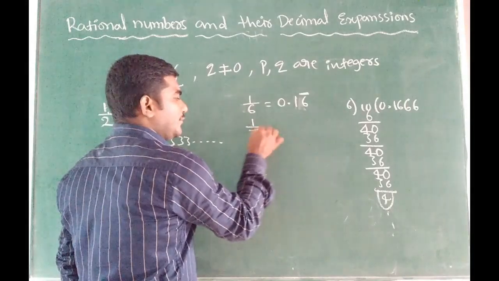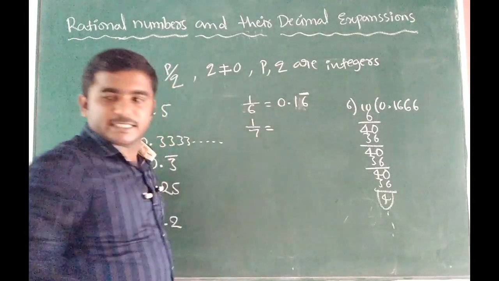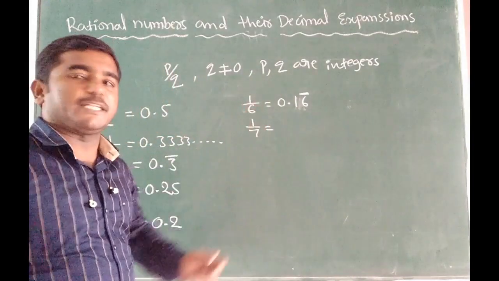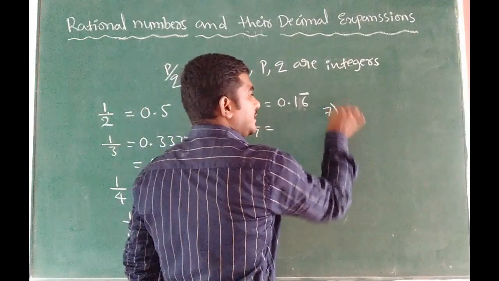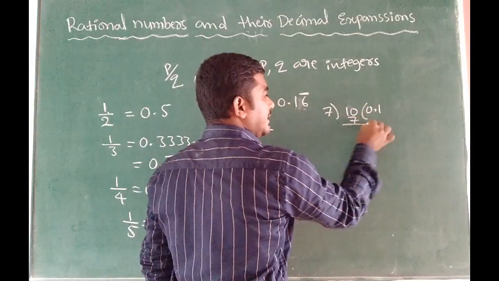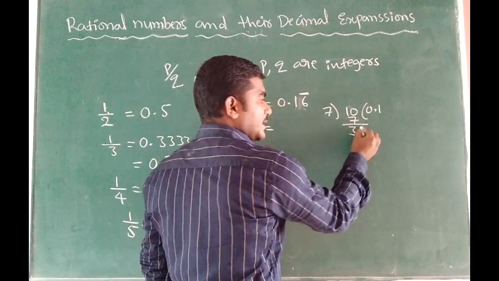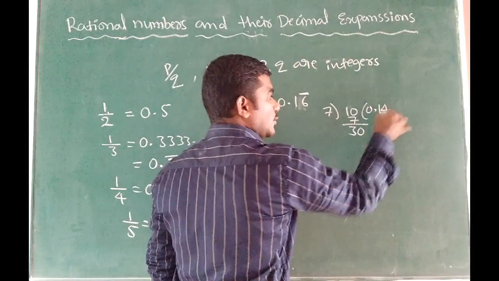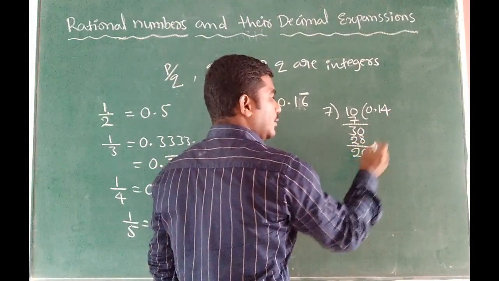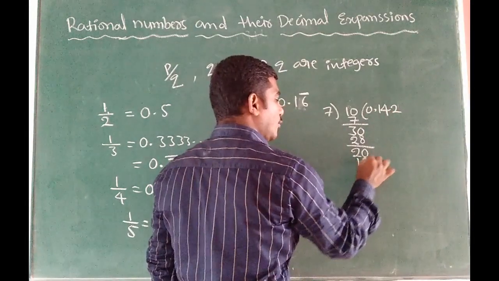Next, if you take 1 by 7, also check 1 by 7. What is the decimal expansion of 1 by 7? 7 with 1, 0 point. See here 7 ones are 7, 3 remaining. 0, 7 fours are 28. Next remainder is 2. 0, 7 twos are 14.